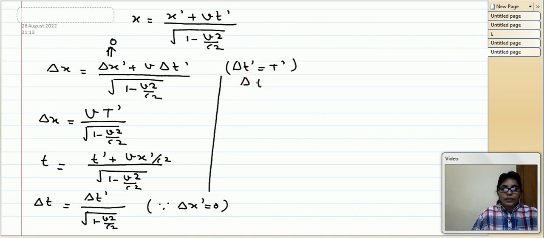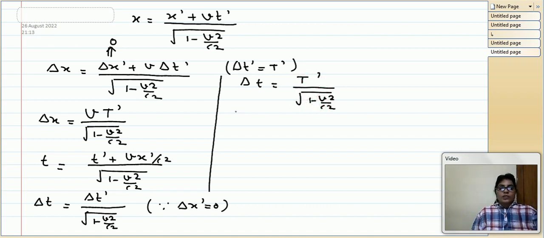So delta t is equal to T dash divided by under root 1 minus v square by c square. We have written delta x dash equal to 0 because the observer at O dash is at a stationary position in the S dash frame.